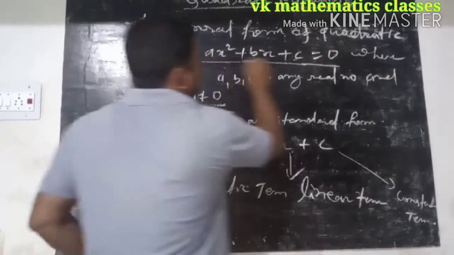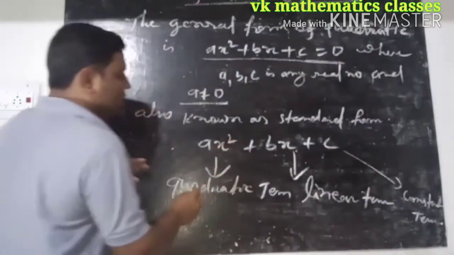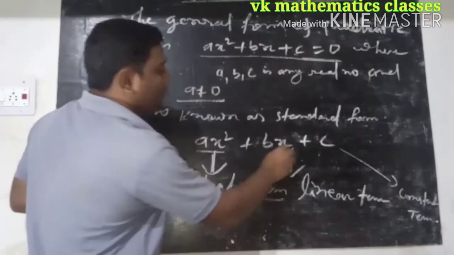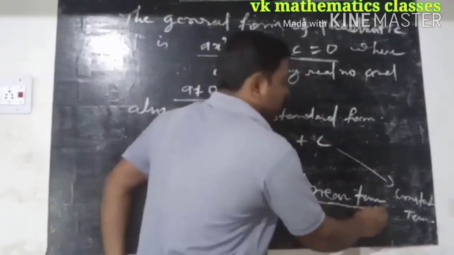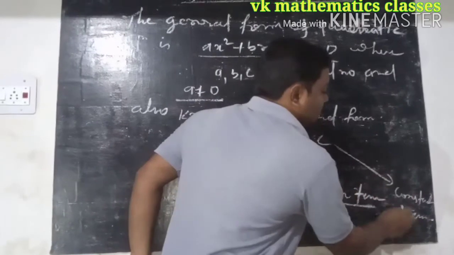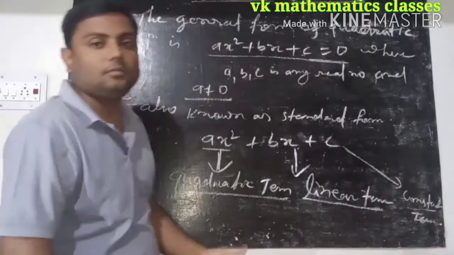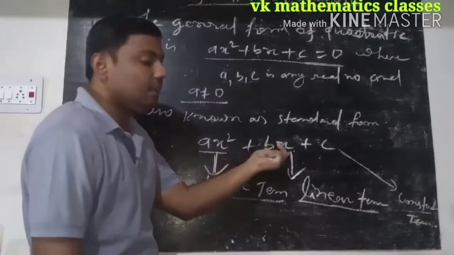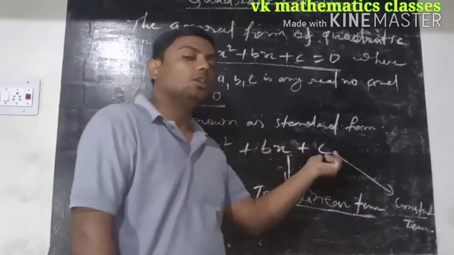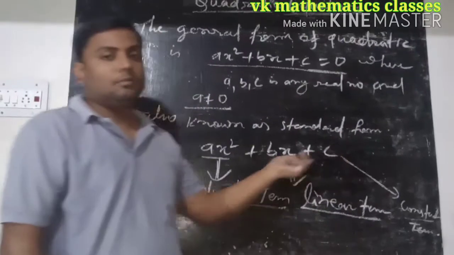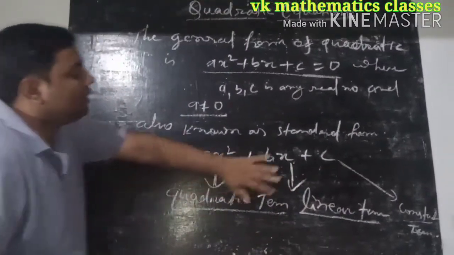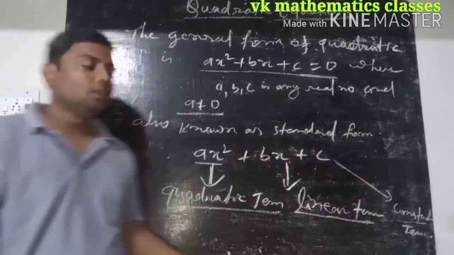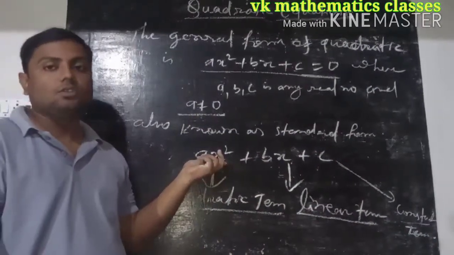In this quadratic equation, ax square is the quadratic term, bx is the linear term, and c is the constant term. Now if bx or c is equal to 0, then ax square equal to 0 is also a quadratic equation.